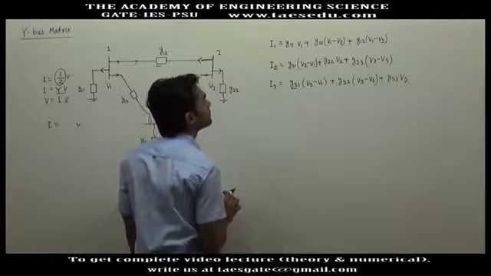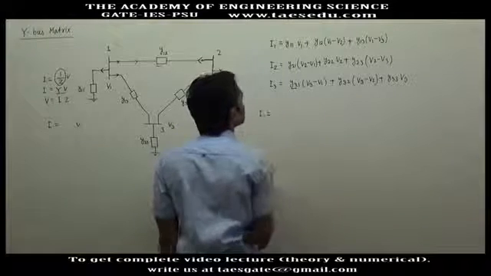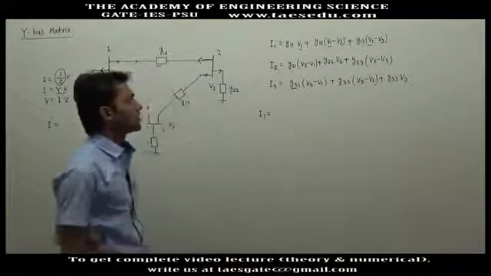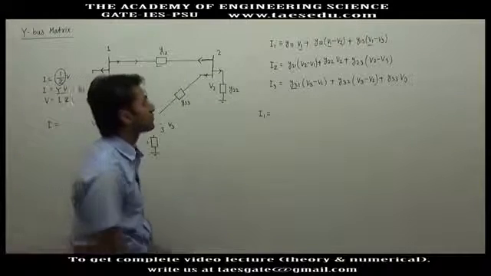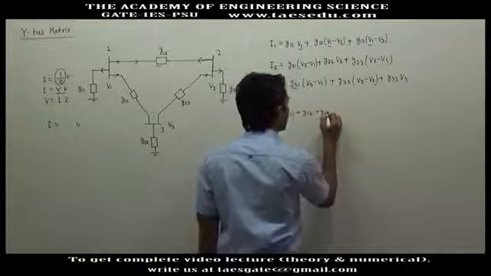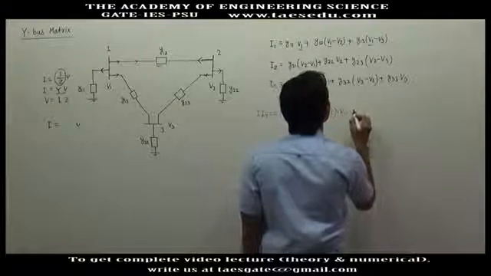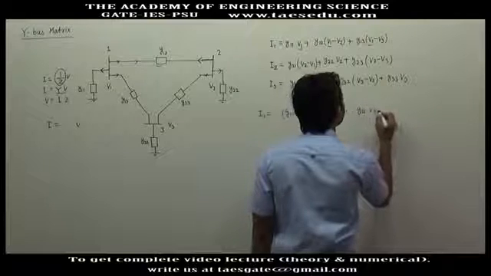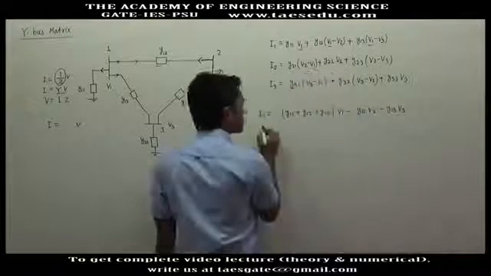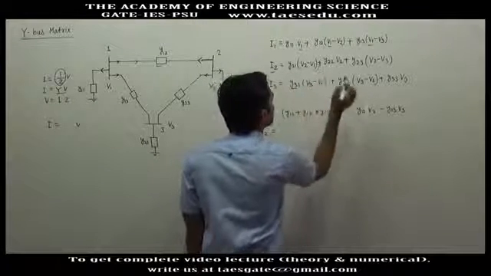Now we will write I1. What is the dependence on V1? Here you have V1, V1, V1, so take all the terms involving V1 together. This will be Y11 plus Y12 plus Y13, into V1, minus Y12 into V2, minus Y13 into V3. Similarly, I2: first write the dependence on V1.